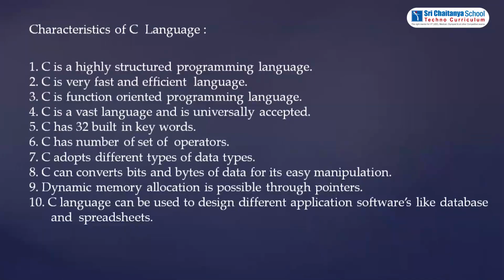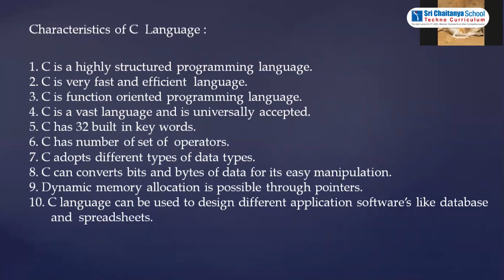So children, C language is a highly structured programming language. And what does highly structured programming language mean? C language follows a particular structure, and whenever we need to write a program, we need to follow the structure very strictly.